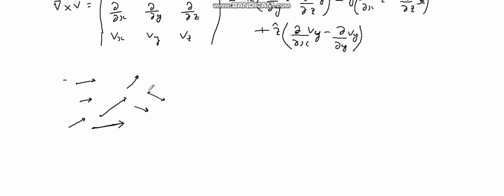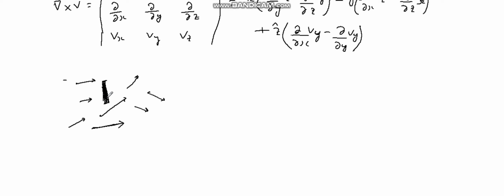Okay, so curl represents how much rotation there is in the vector field. That means if we take a wooden stick and put it into the water flow, is there a tendency for the stick to rotate?